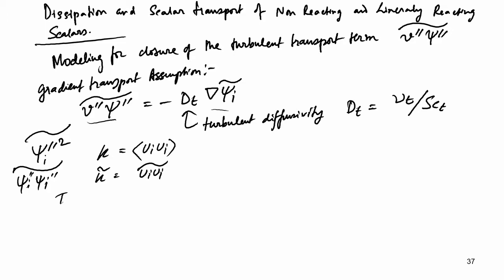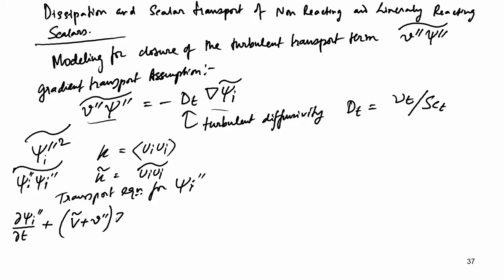that is, an evolution equation for xi_i prime, and that is given by is equal to 1 by rho.